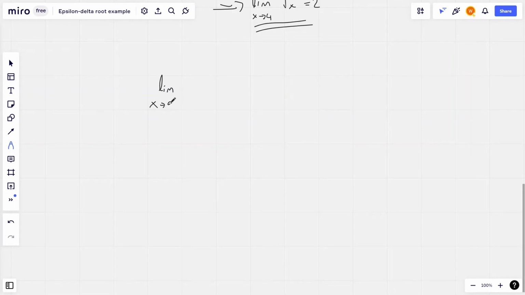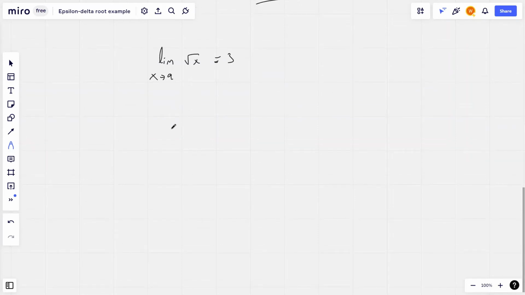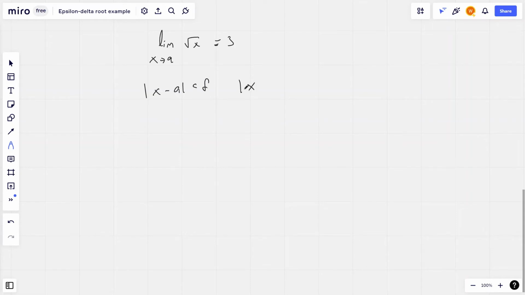Let's go to 9 this time. The square root of x, and we want to prove that this is equal to 3. So again, we want to have some modulus of x minus 9 less than delta, and we want to have the modulus of square root of x minus 3 less than epsilon.